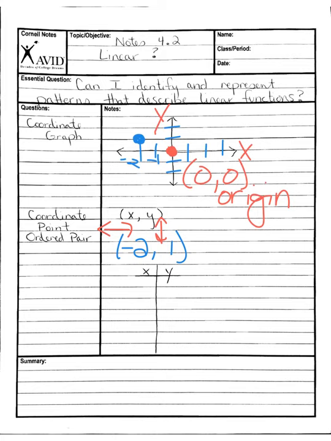Let's also talk about how sometimes there are different words that represent our x-axis and our y-axis, or our x variable and our y variable. We know the x is going to be our horizontal value.